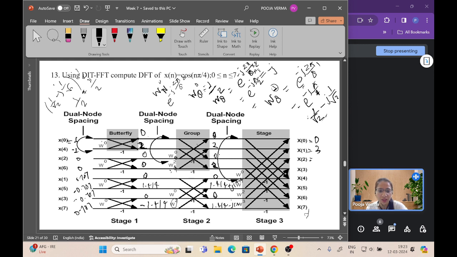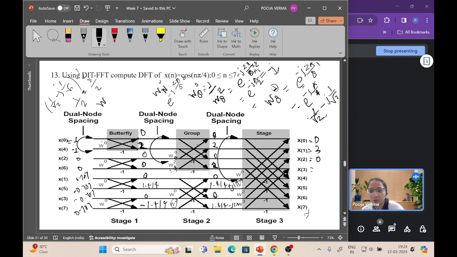Similarly, we have to calculate this third row, 0, and that will be multiplied by this 0 plus W82. W82 already we have found out, minus j. So whatever value is there, it will be multiplied by this phase factor, then added to this line. 0 plus 0 will be 0 only. Next, this row, then multiplied by this factor W83, and then added to this row. So we didn't find out W83.